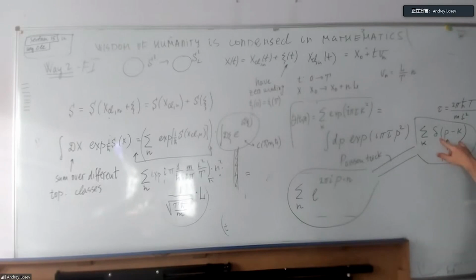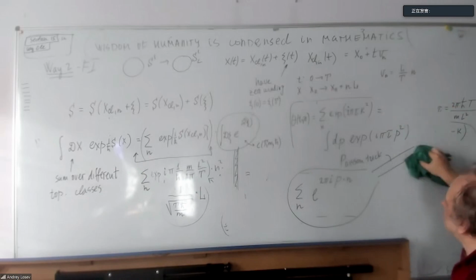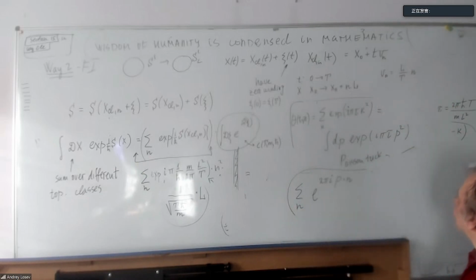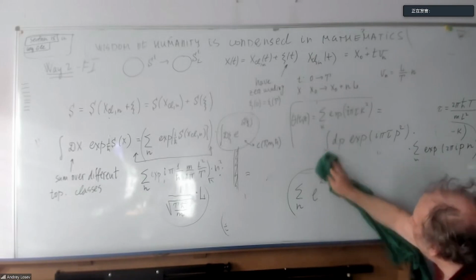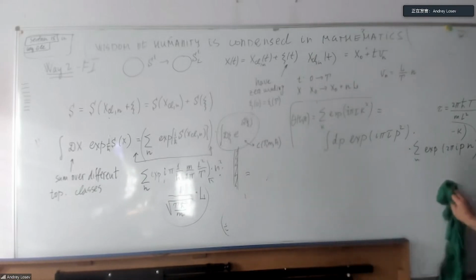I'm replacing this sum of delta functions by such a sum over n of exponential 2 pi i p n.